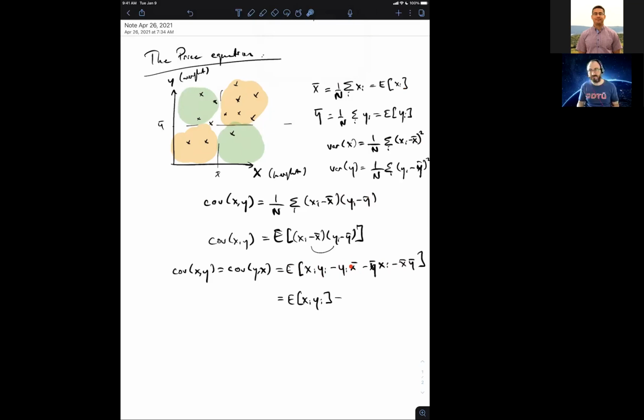But x bar itself is an expectation. So x bar is actually not a random variable anymore. It's just a fixed number, right? So you can take that out of the expectation. So then you're only left with expectation of yi, which is y bar.